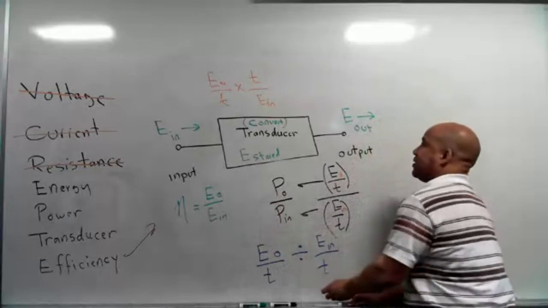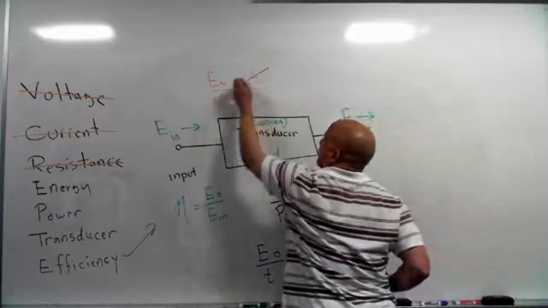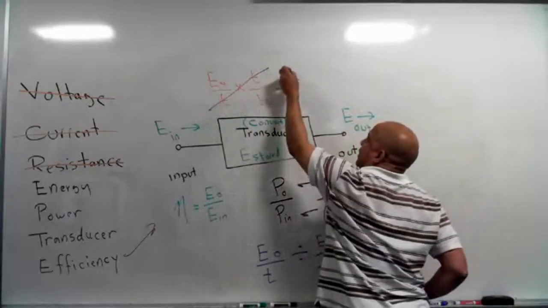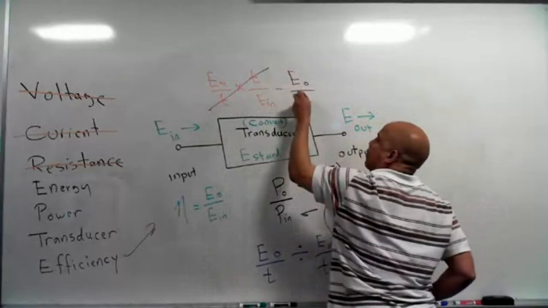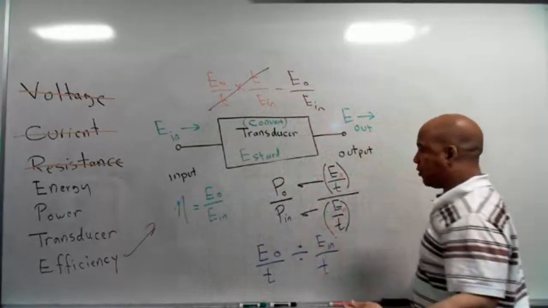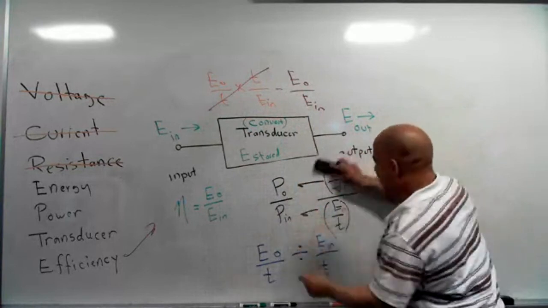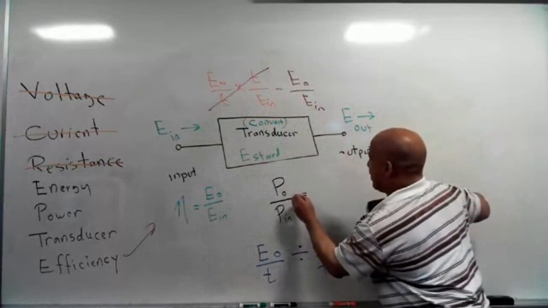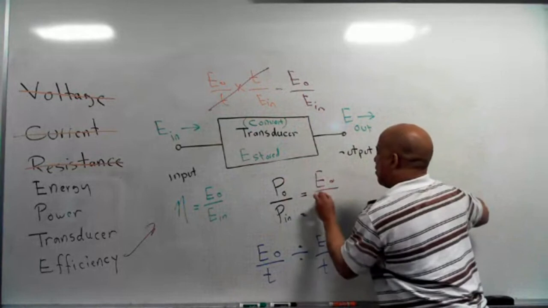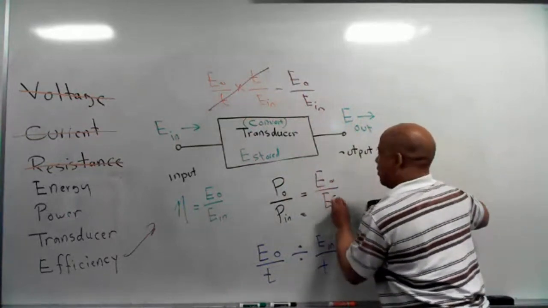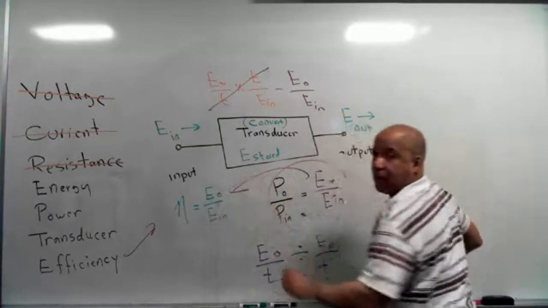If you multiply that, you see what happens to the T's? You end up with E out over E in. So by taking the ratio of P out over P in, I actually get E out over E in.